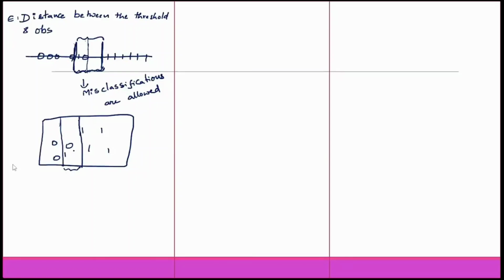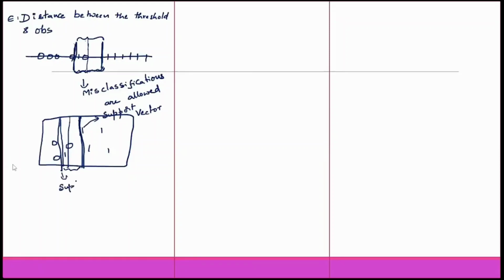Within this margin, misclassifications are very much possible. Now on either side, the values which are going on the border are typically called your support vectors. This one is a support vector, and probably this zero is a support vector.